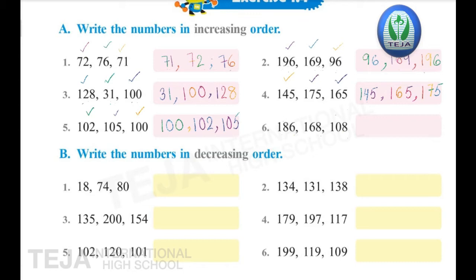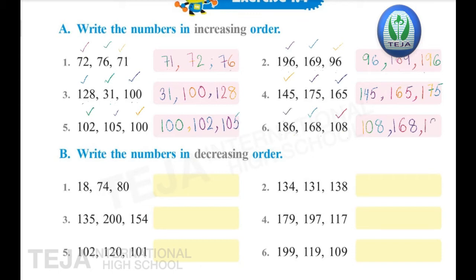So here in our answer we have to write from smaller to bigger numbers. So we'll write 108, the smallest among these three. Now the next number is 168 and the last number is 186.